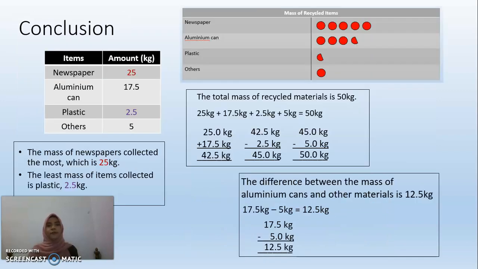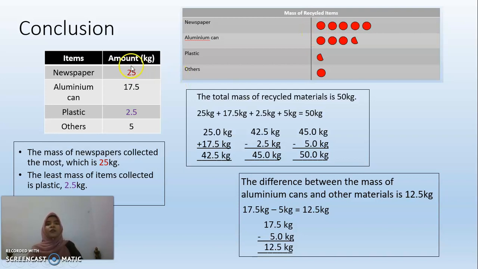Okay, moving on to the conclusion. How are we going to take a conclusion from the pictograph represented just now? So firstly, let's take a look at the total mass of recycled materials. How are we going to find out the total mass? Firstly, we need to multiply all the red circles with the key represents, just like we did just now.